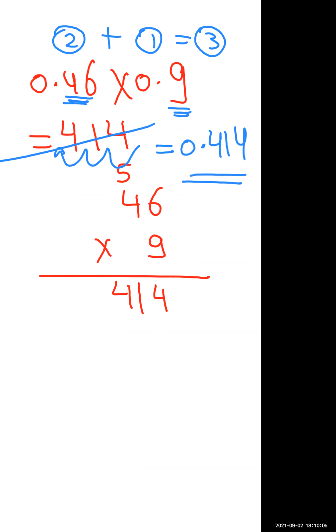Okay. Let's solve one more example. The example is like this: 219 times 4.8. As we said before, guys, forget about the decimal points and consider that they are whole numbers without decimal points at all.